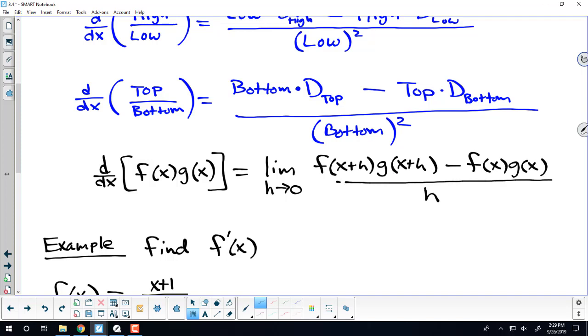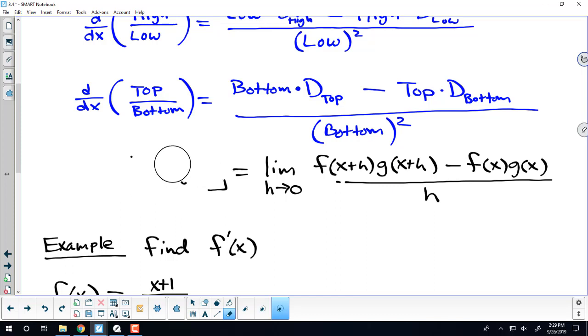If you look in your textbook, they go through how to compute that limit, and how that limit comes out to be f prime g plus g prime f. And then once you've done that, you can justify the quotient rule in an algebraic way.